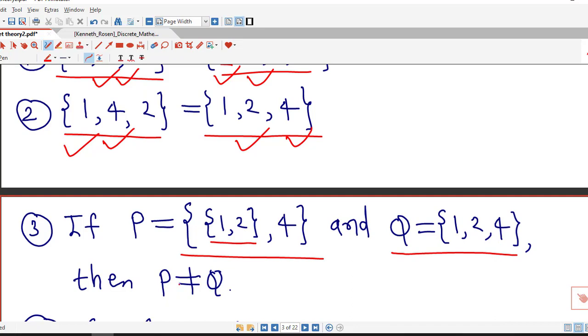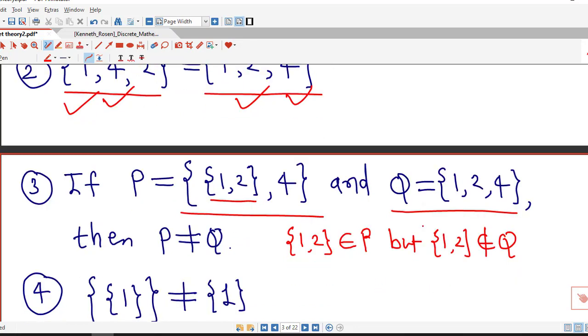Then here P and Q are not equal, because the set containing 1, 2 is present in P, but the set containing 1, 2 is not present in Q. So every element of set P is not an element of set Q. Therefore P is not a subset of Q, and therefore P and Q are not equal.